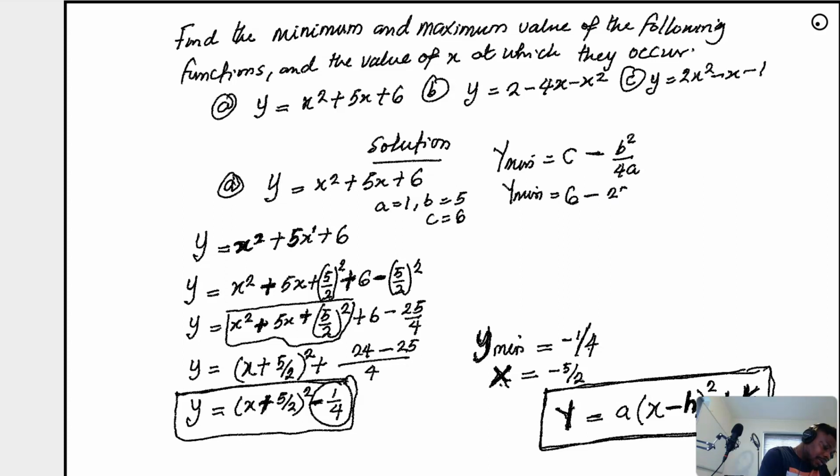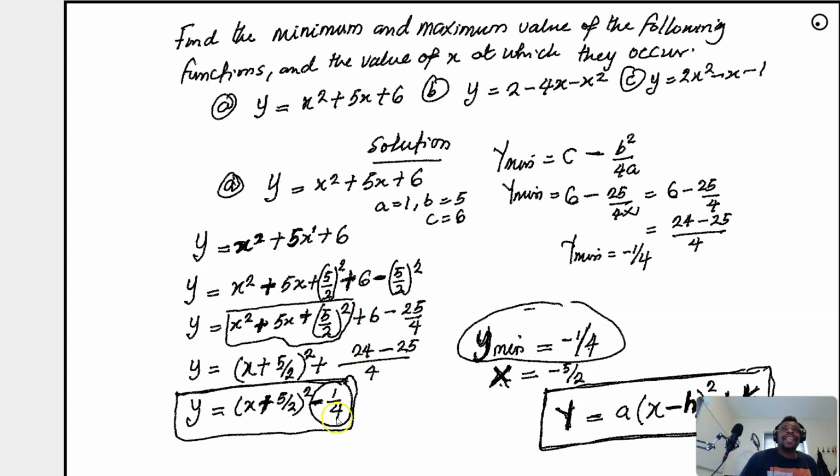That is 25. 4 times 1. So 6 minus 25 over 4. So here, this is 4. That is 24 minus 25. So y minimum is equal to 24 minus 25, that is minus 1 over 4. You can see we got the same answer here.